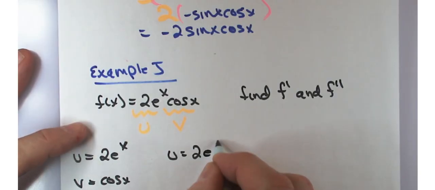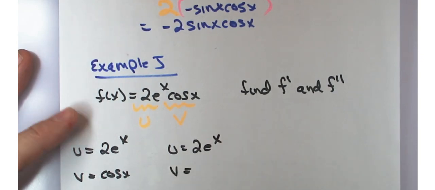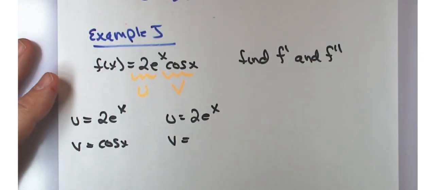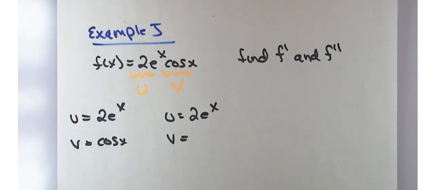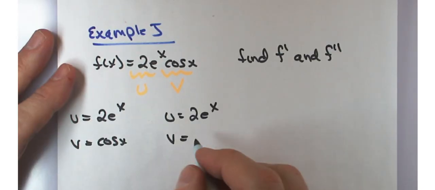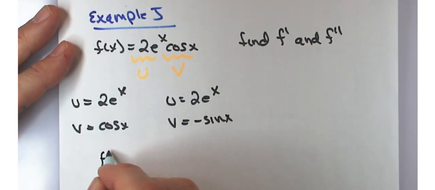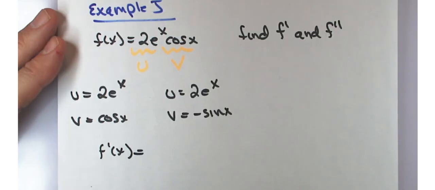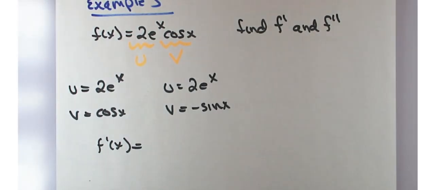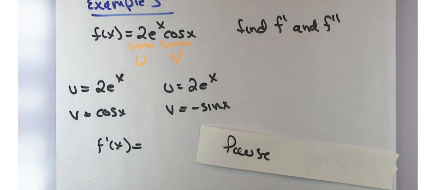Yeah. Nice. And v prime? Negative sine of x? Yeah, negative sine of x. Nice. So let's see if we can't figure out f prime of x. I'll give you a chance to figure that out. And then clean up your answer. Once you get your answer, clean it up.